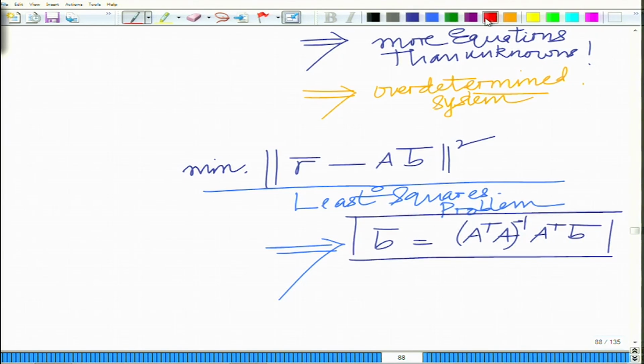From this you get B bar, which will give you B1, B2, B3, BA, BB, BC.